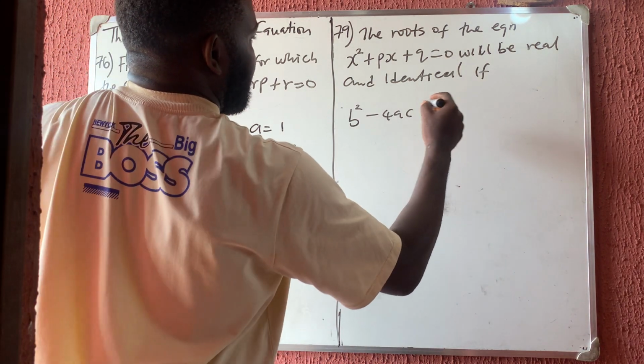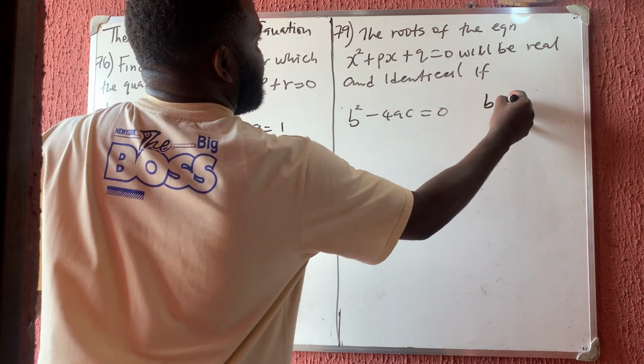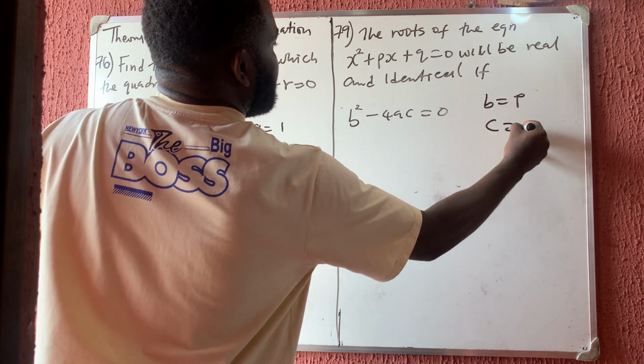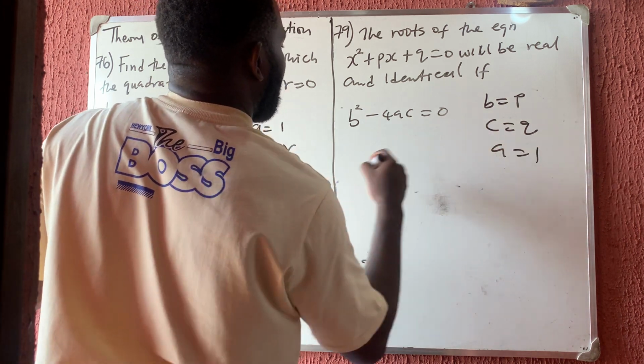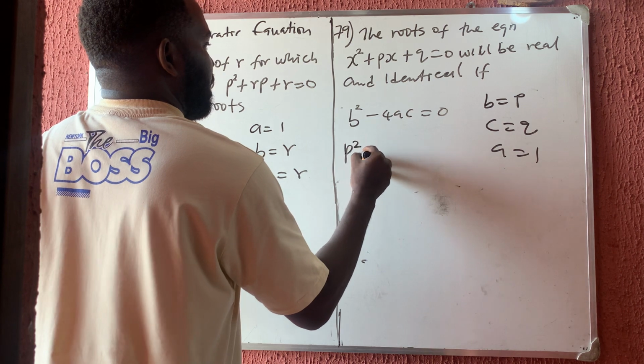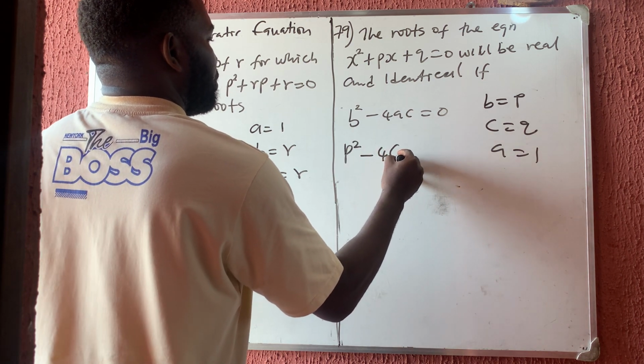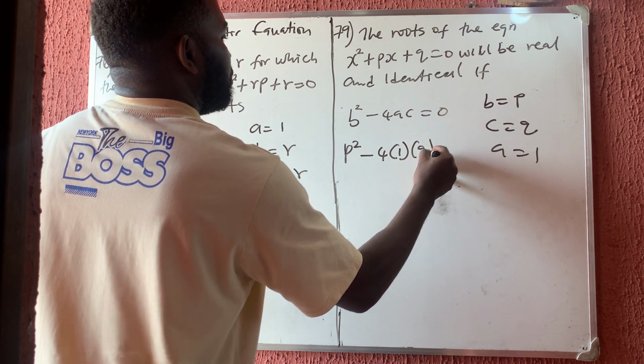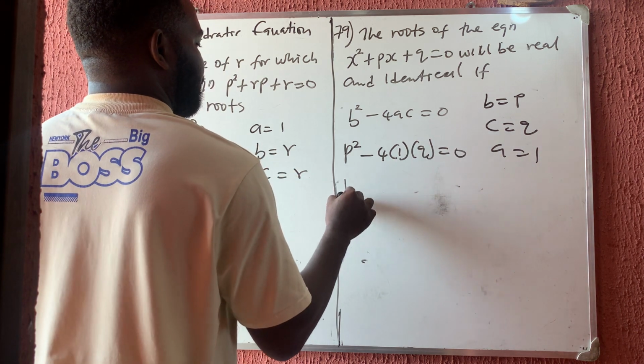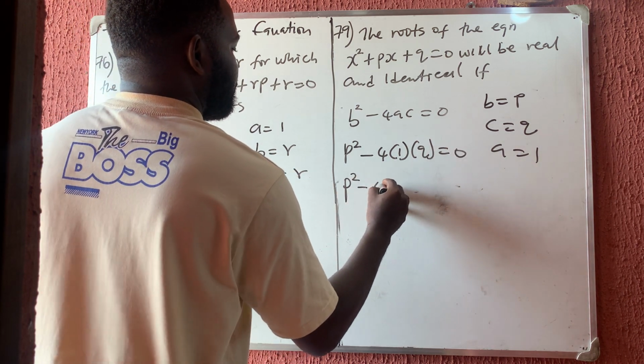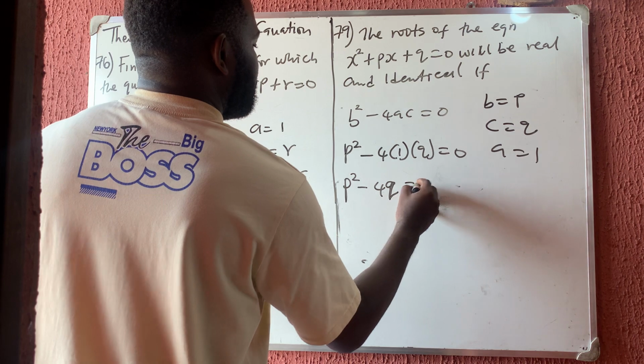So I know that my b is equal to p, my c is equal to q, my a is equal to 1. So I have p squared minus 4 into 1 then into q is equal to 0. So p squared minus 4q is equal to 0.